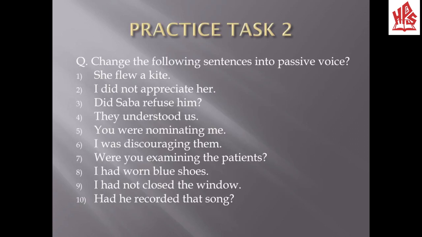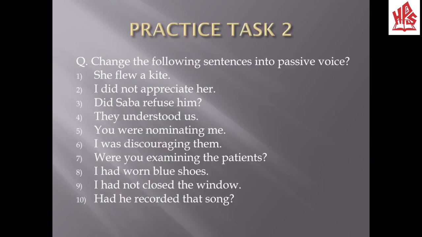Number 4, they understood us. We were understood by them, because it is the second form in past simple. So don't forget to use was, were with the third form while making passive voices, and you know how to convert your subject and objects. Number 5, you were nominating me.